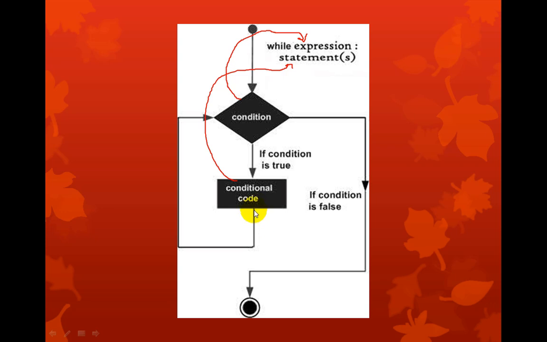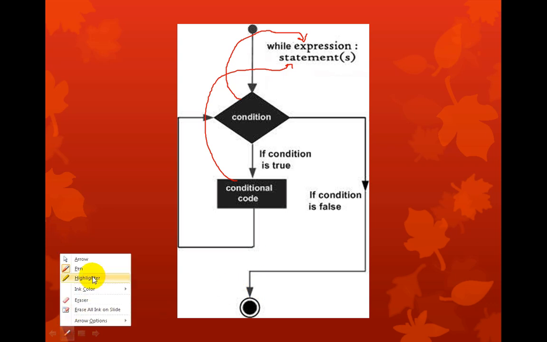Here the program checks the condition again. If the condition is true, the body of the while loop is executed again and the while loop checks the condition again, and so on until the condition becomes false. When the condition becomes false, the program proceeds to the next statements.